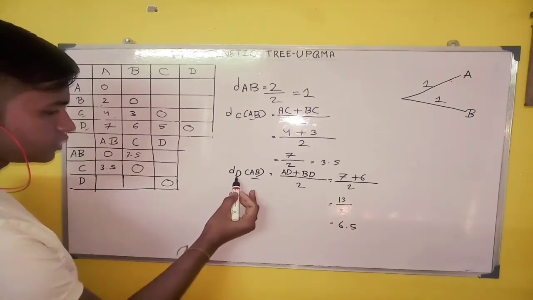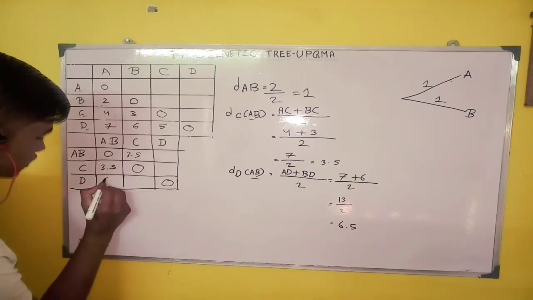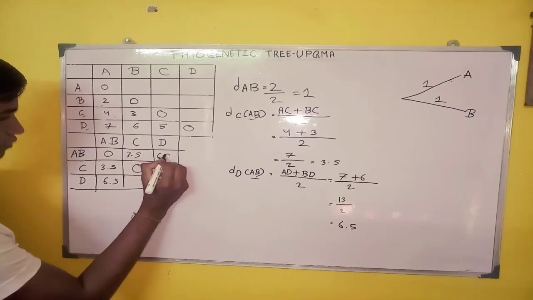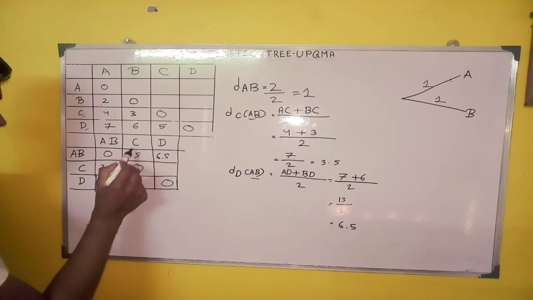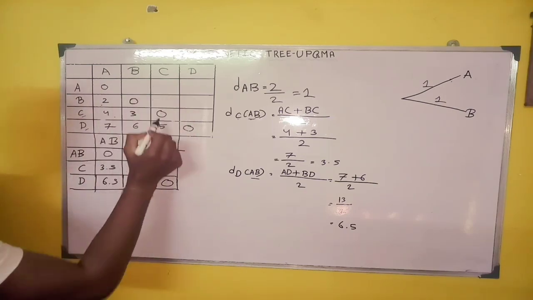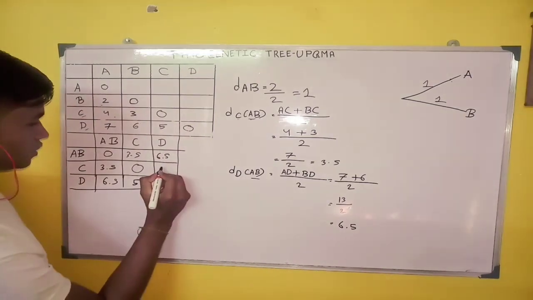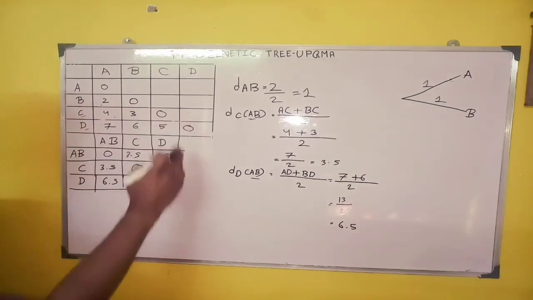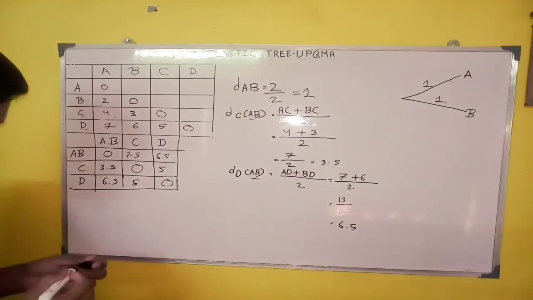The distance of D in respect of A and B is 6.5, so we write 6.5 here and also here. And the distance of C and D is 5, so we write 5 here and here. So this is our second table, and that was our first table. We have created this table from this calculation.